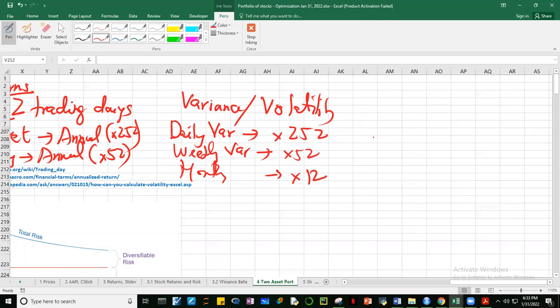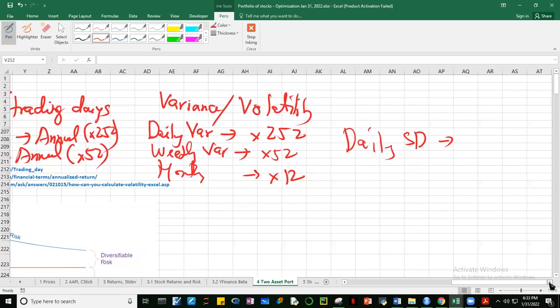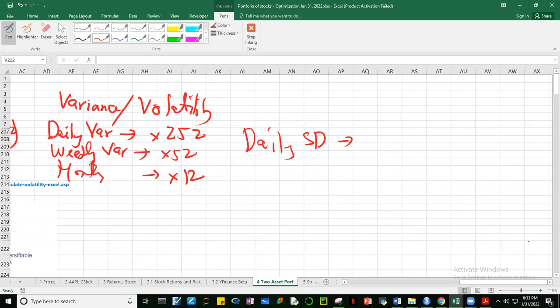So daily, okay. Kapag daily yung meron natin na standard deviation, para maging annual, what do you think, guys? It should be what?